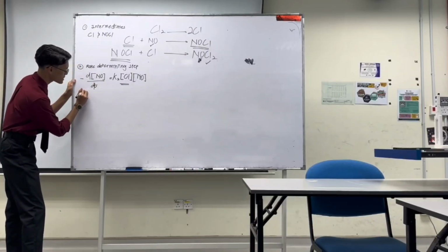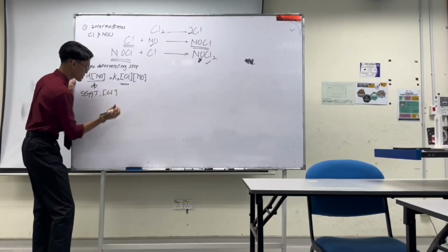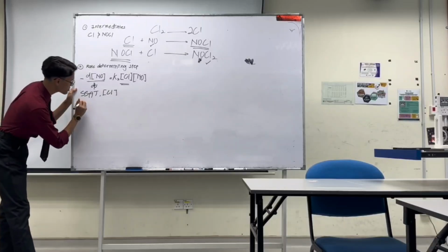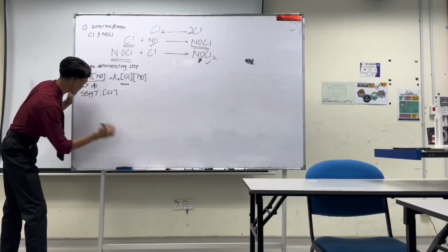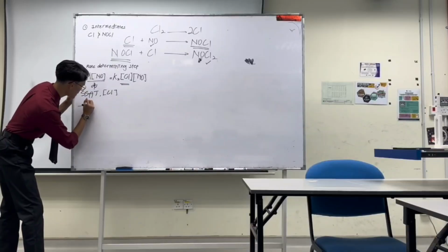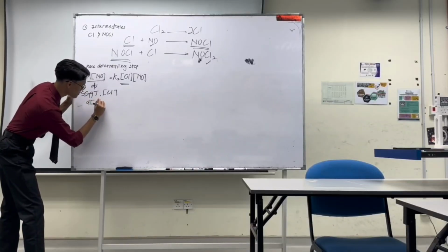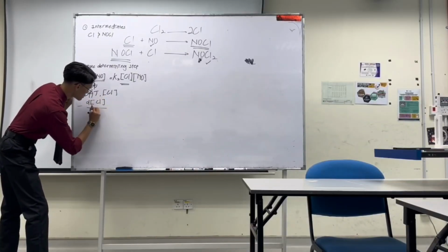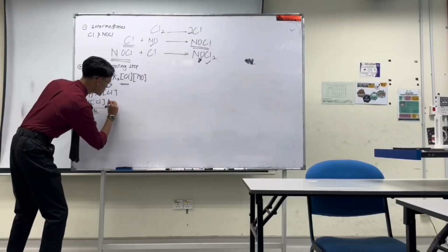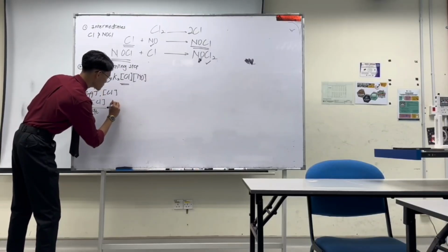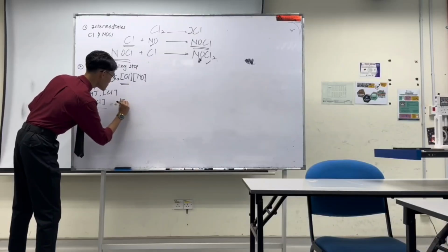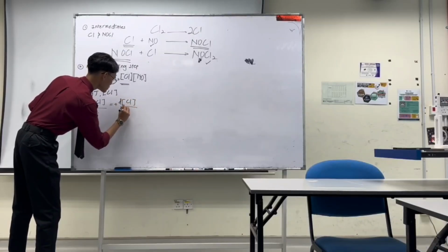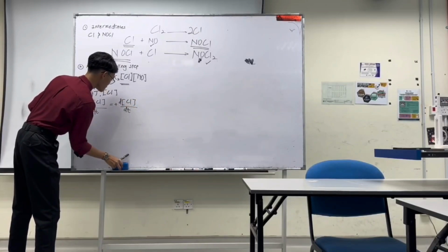So we can make the steady state. Okay, how do we write it? So the rate of consumption of Cl is equal to the rate of production of Cl. Like this.